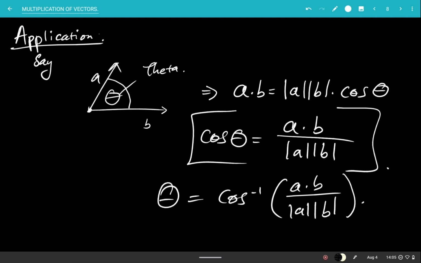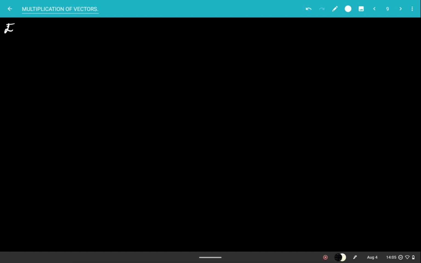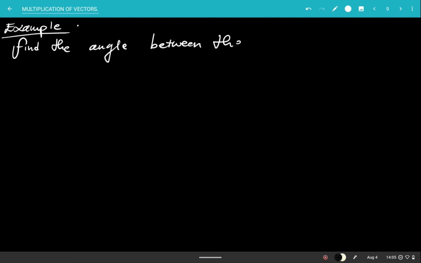Just like that. Now, through explanations alone, it might not be that clear, so let's look at an example to understand this. Let's say we've been told to find the angle between the vectors below.